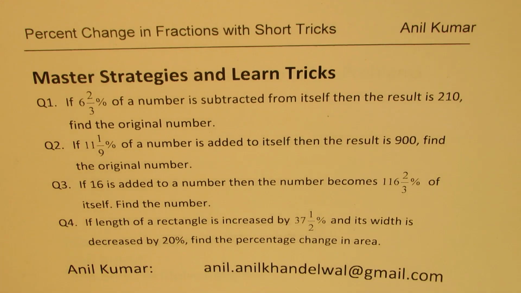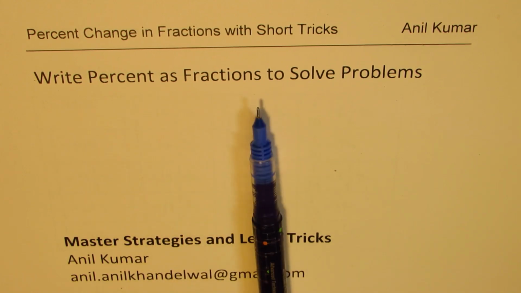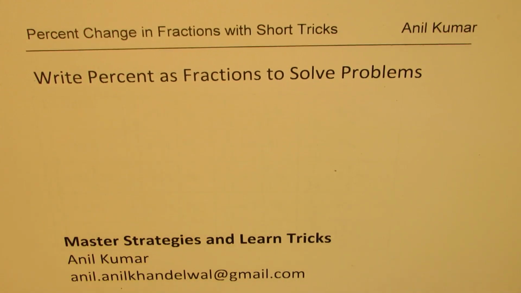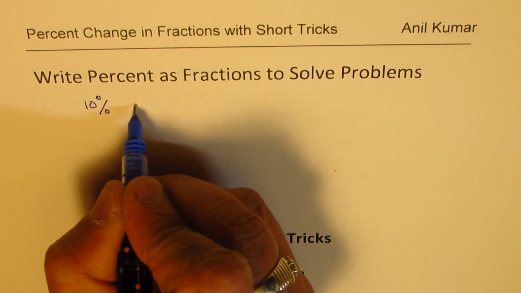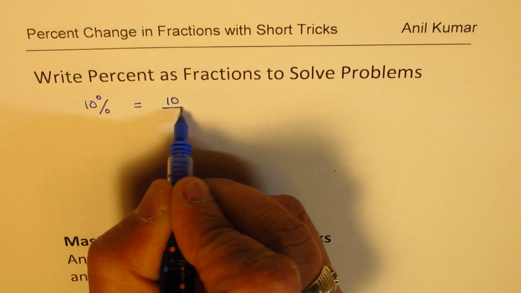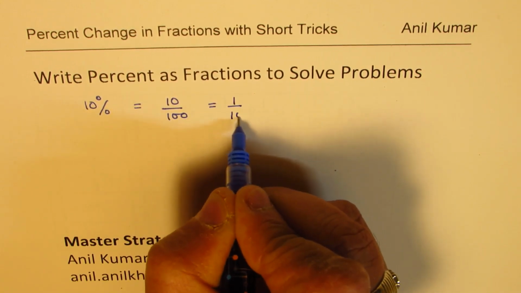So we'll begin with the basic concept first. We'll first try to write percent as a fraction. So this is our beginning, right? When I say something is 10%, what do I mean? I mean it is 10 out of 100, and in fractions I could write this as 1 over 10.